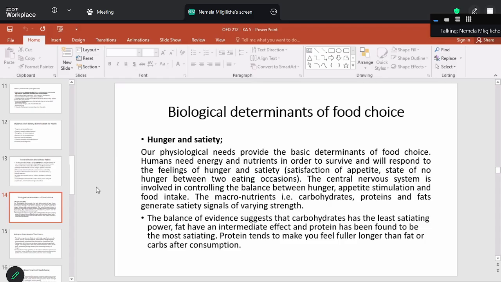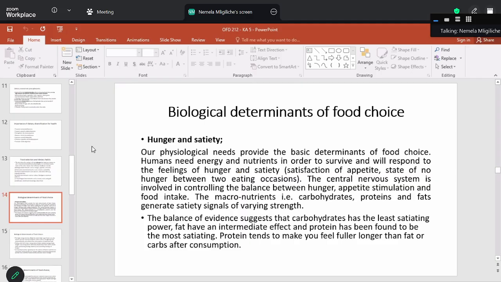But hunger normally is associated with some physiological process in our body. We know that appetite is connected with your central nervous system. It controls and makes us feel when we are hungry. We get this sign, appetite stimulation, and are able to consume food. So it's also physiologically determined.